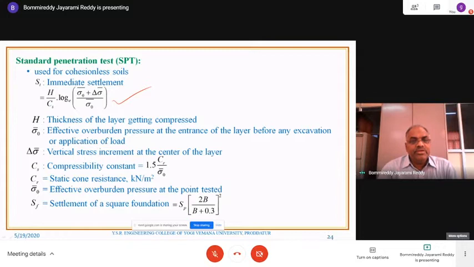These are the various parameters to be used from the standard penetration test, and read the appropriate values corresponding to the static cone resistance and also the various compressibility constants, and accordingly using SPT the immediate settlement can be found. I will discuss more about the standard penetration test in some other chapter.